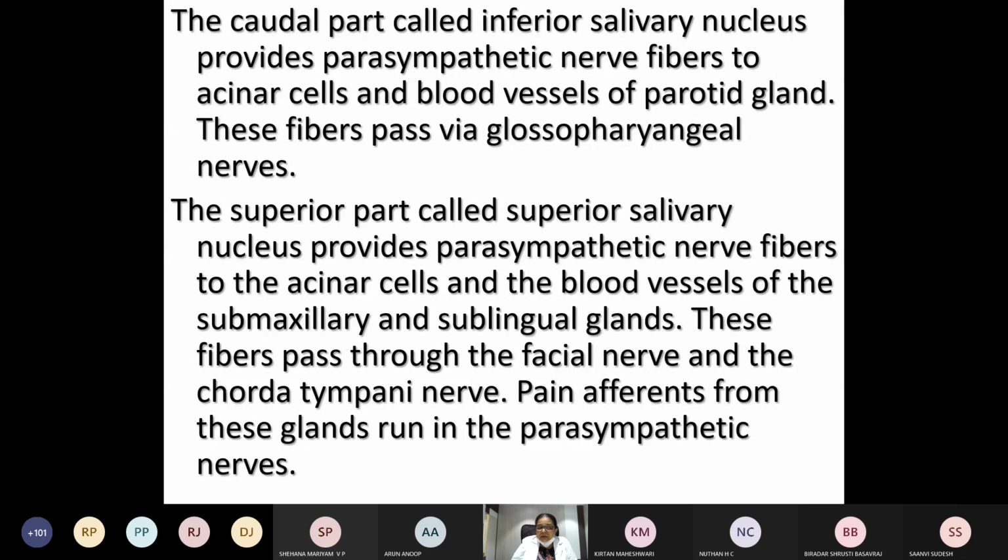These fibers pass through the facial nerve and the chorda tympani nerve. Pain afferents from these glands run in the parasympathetic nerves.